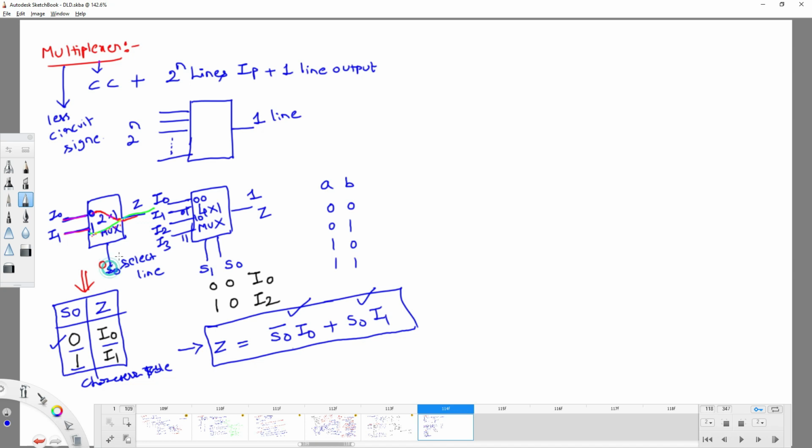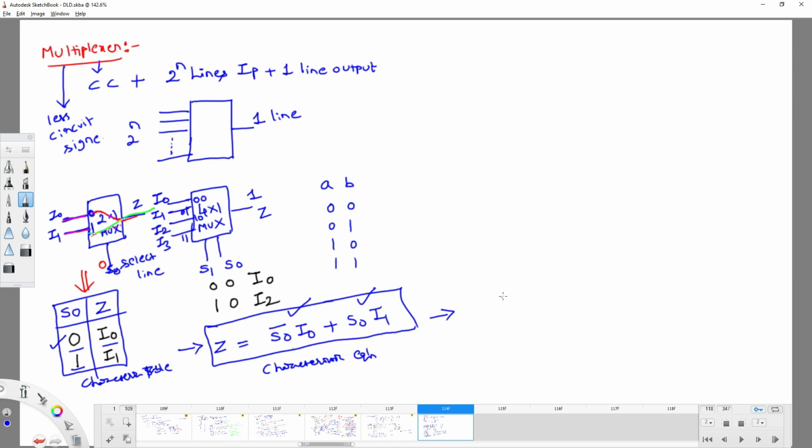If I give S0 as 0, what output do you expect? I0. So 0 into I0, where 0 is represented as S0 bar, into I0. So this is what I can call the characteristic equation. From this characteristic equation, can we construct a circuit for it? Yes, right?